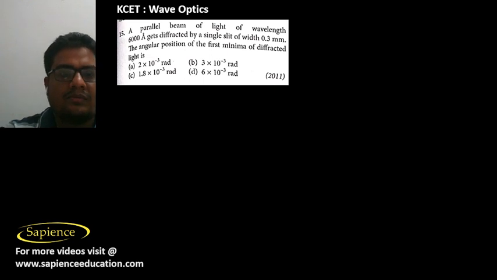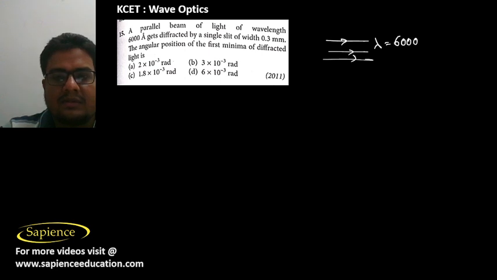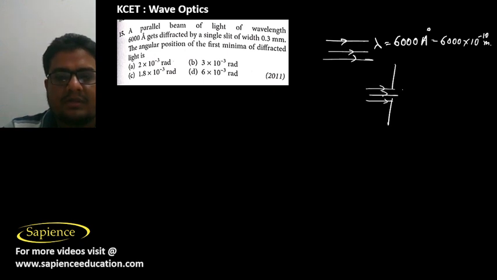Then in question number 15, it is told that a parallel beam of light rays, having a wavelength of 6,000 angstrom, which is 6,000 into 10 power minus 10 meter, is diffracted by a single slit of width A, that is 0.3 millimeter.